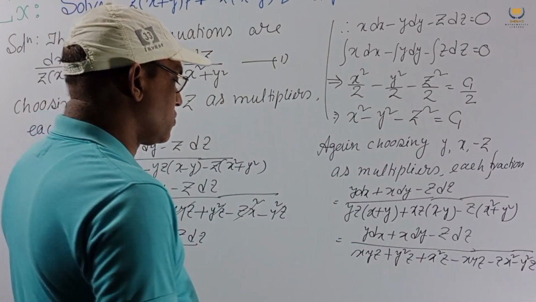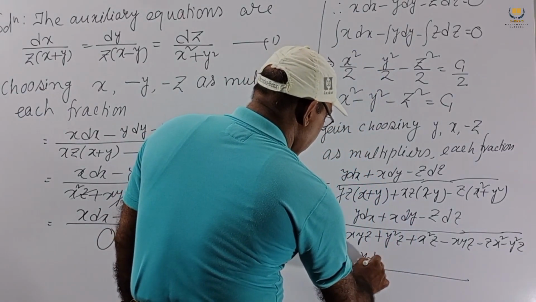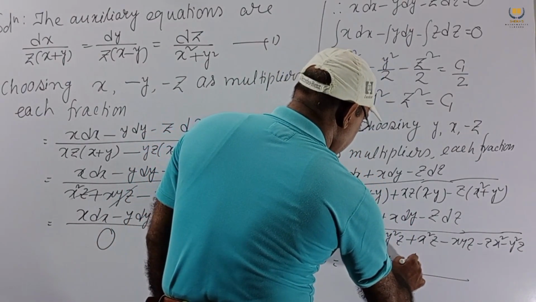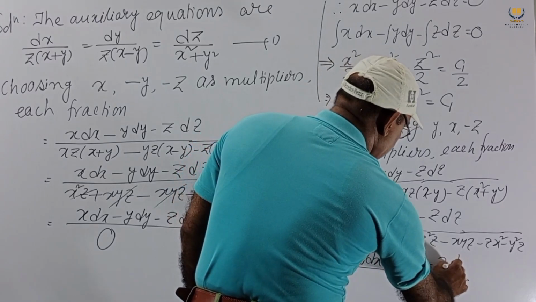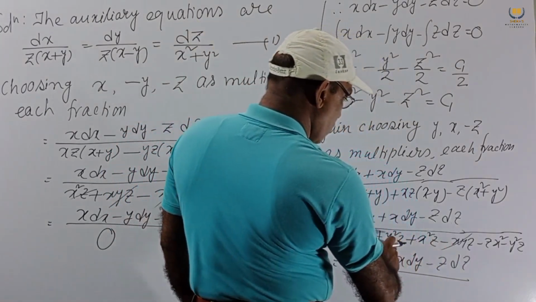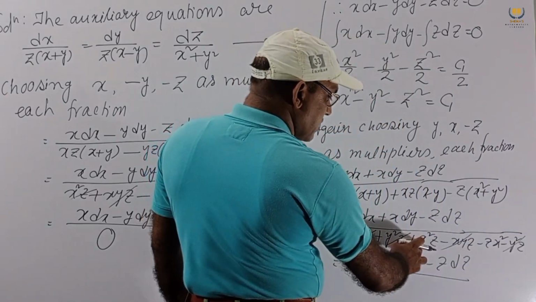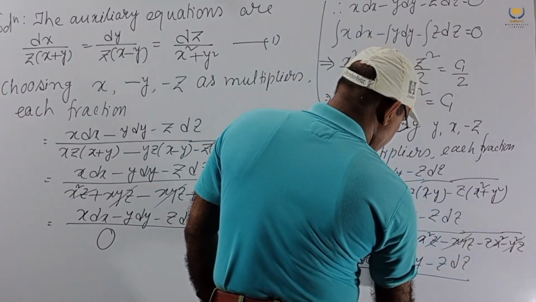So we get this one. Now y dx plus x dy, z dz: xyz cancels, y square z these two cancel, x square z these two cancel, and we get denominator 0.